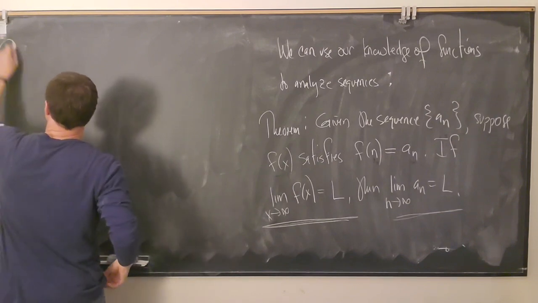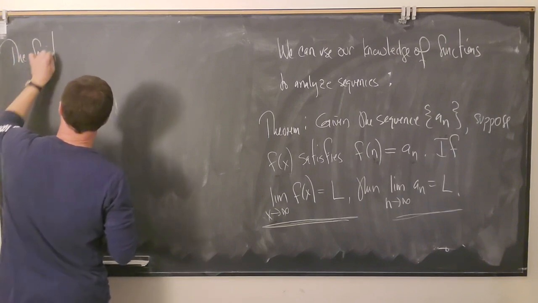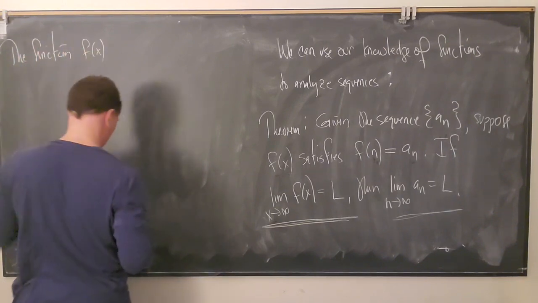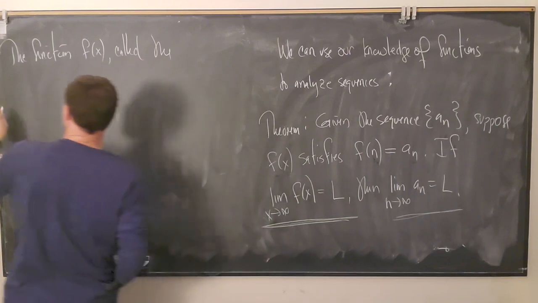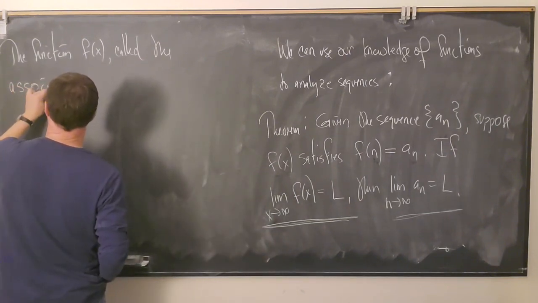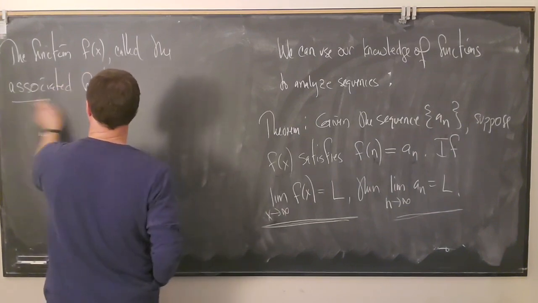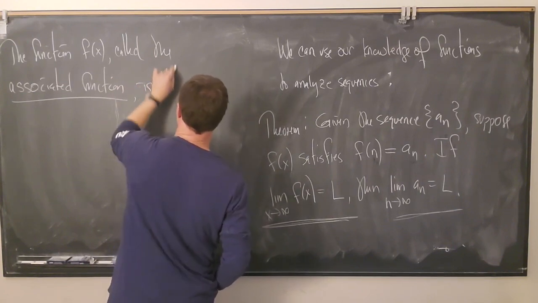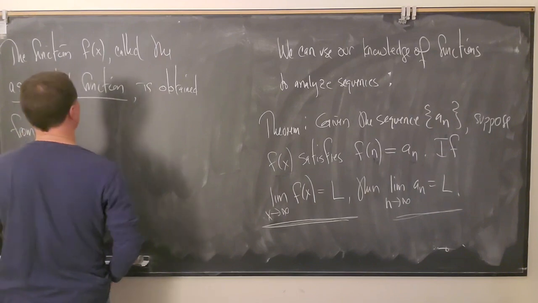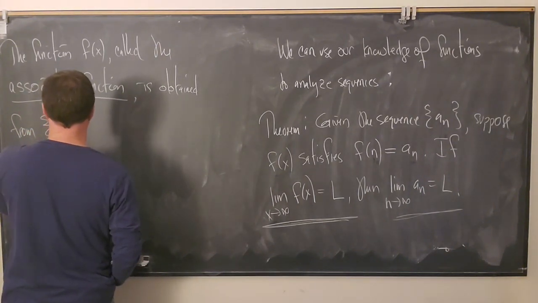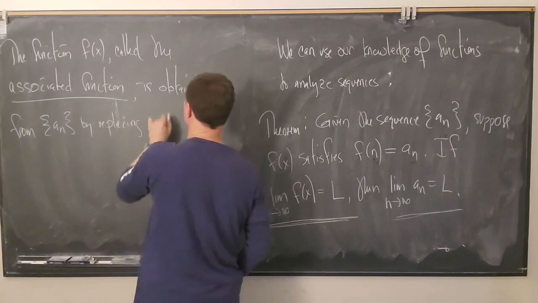So the function f of x, called the associated function, is obtained from the sequence a sub n by replacing n with x.